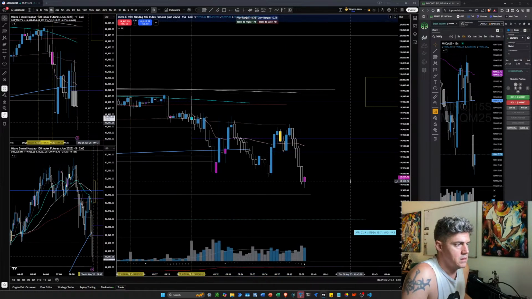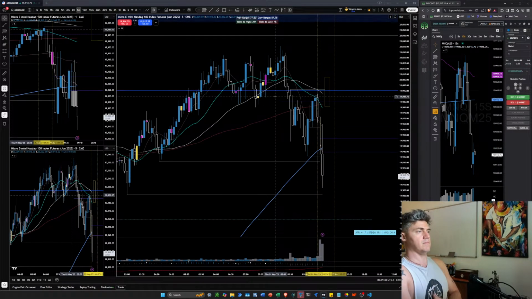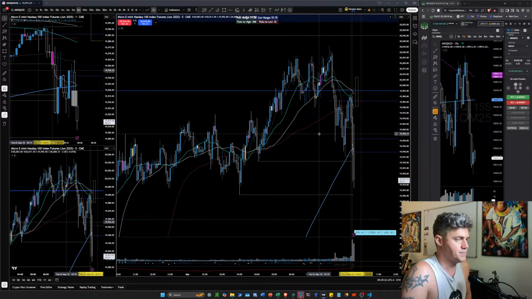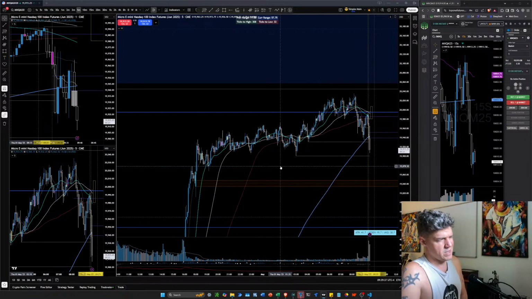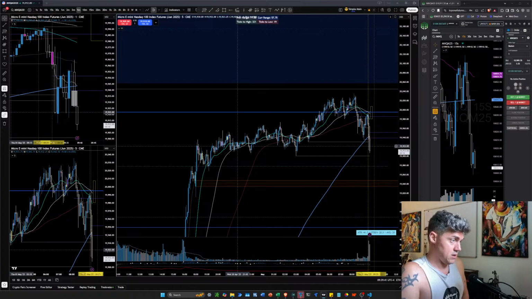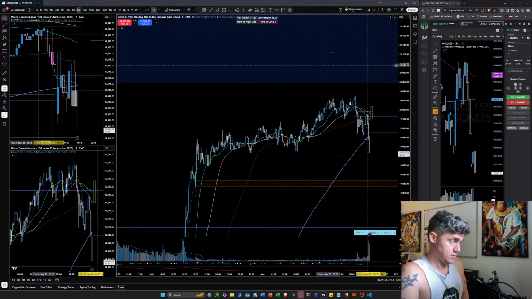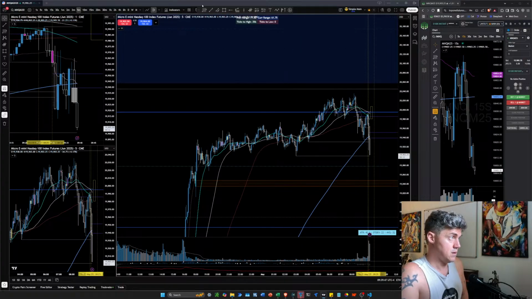Let's see here. Where's our most recent bank level? Meaning where did they most recently agree on price? Let's see, lower high, higher low. Looks like they were agreeing around here, doesn't it?